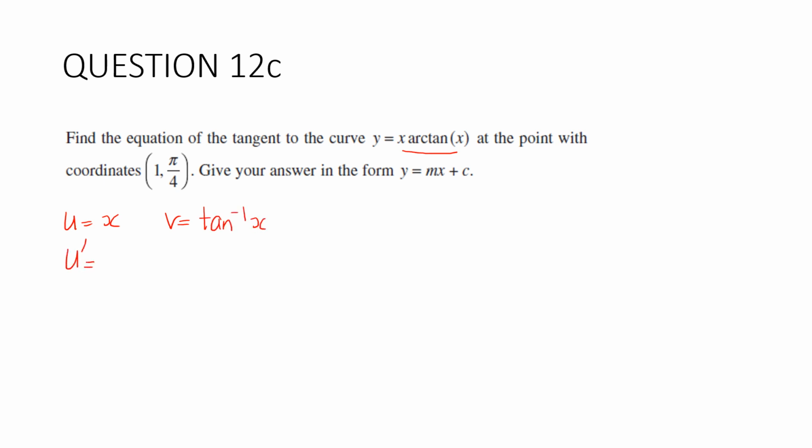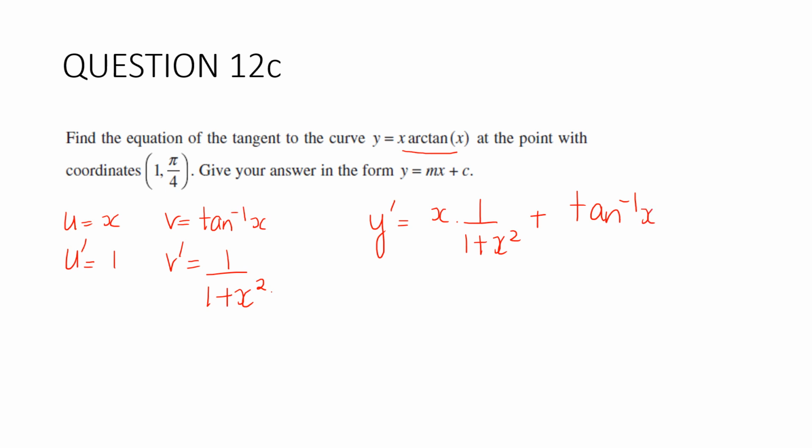Differentiating, u dashed is 1, v dashed is equal to 1 over 1 plus x squared. And then forming that, y dashed will equal u times v dashed plus v times u dashed, which is 1. Let's tidy that up.